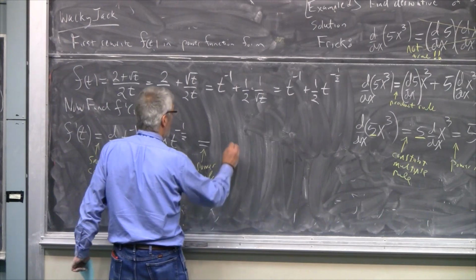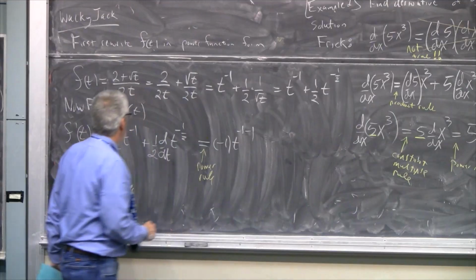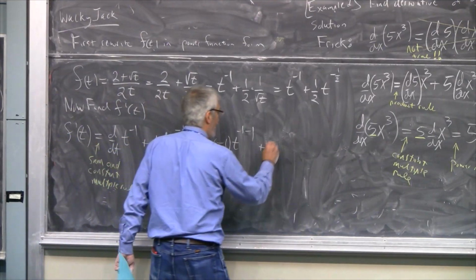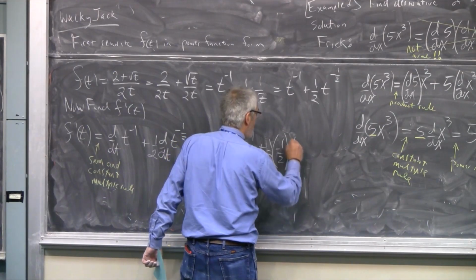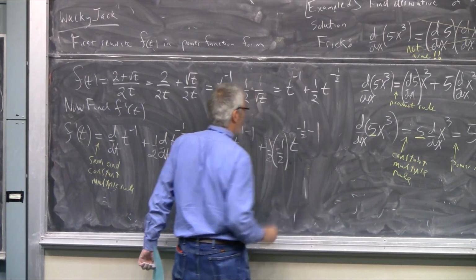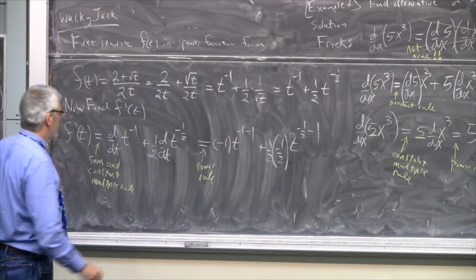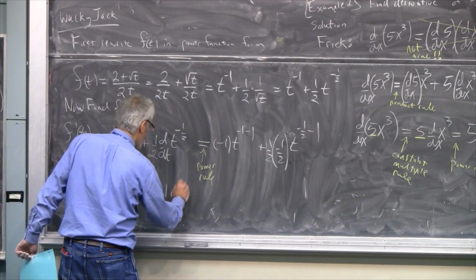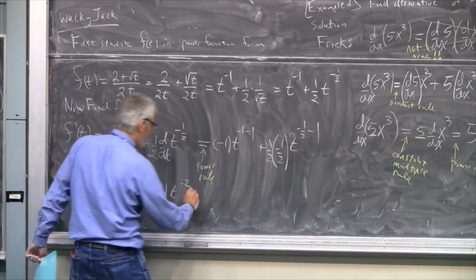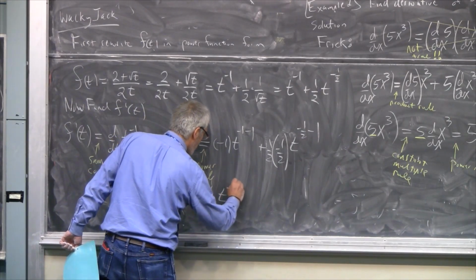So they're going to get minus 1 times t to the minus 1 minus 1, plus 1/2 times minus 1/2 times t to the minus 1/2 minus 1. So that's minus 1 t to the minus 2, and this is minus 1/4 t to the minus 3/2.